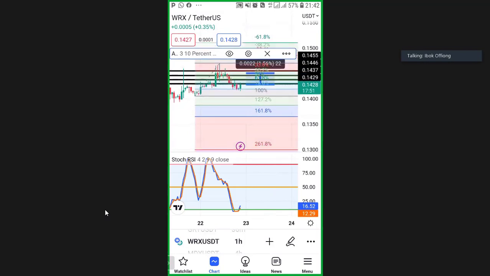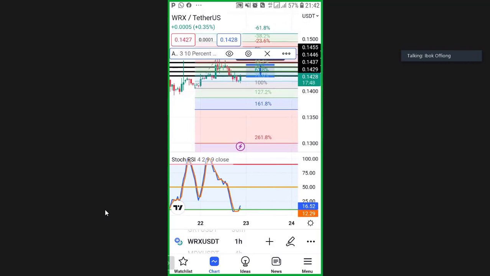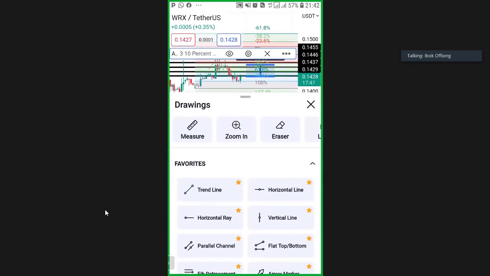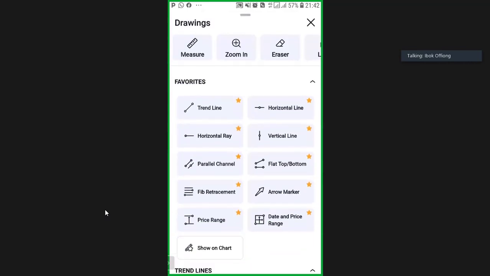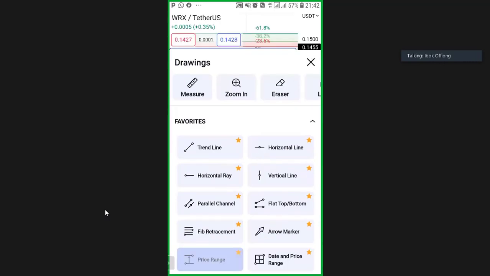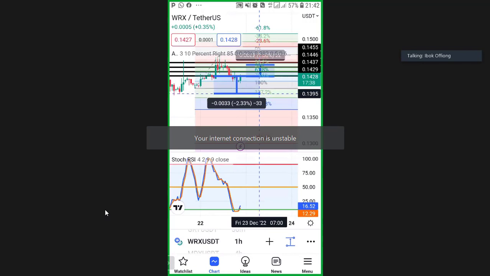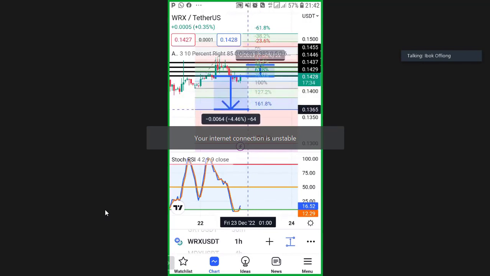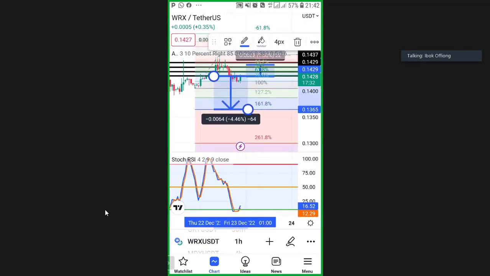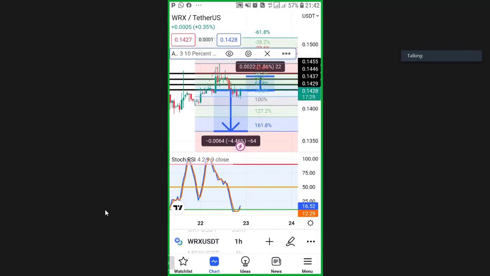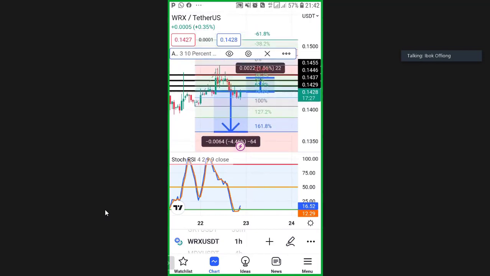Then now my percentage dip. I'll measure from this place. I said you stop at 161.8. You can see this will be my percentage dip. That's all.